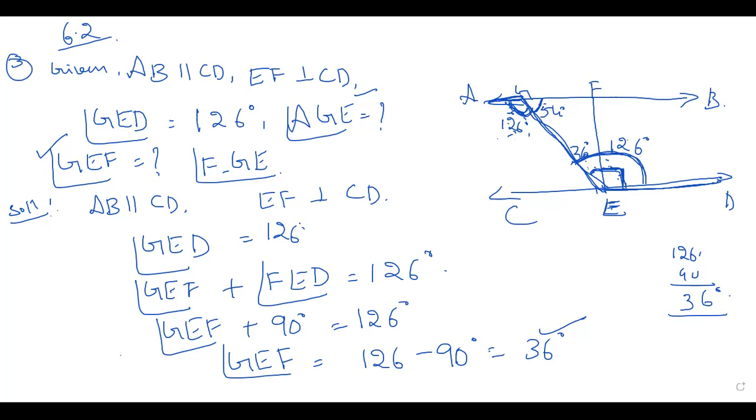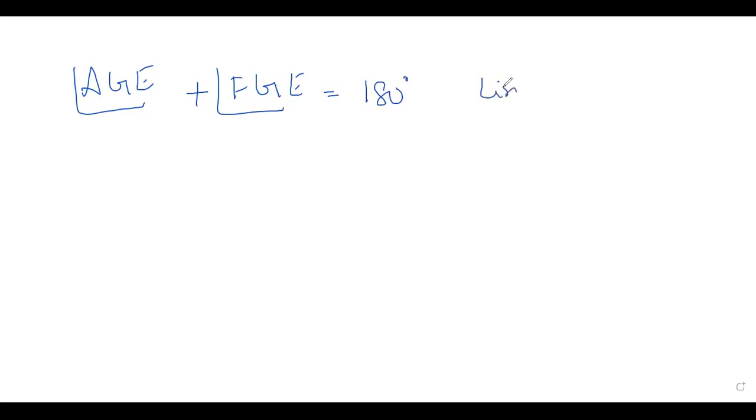I will write in the next page. Angle AGE plus FGE is equal to 180. That is what? Linear pair of angles.